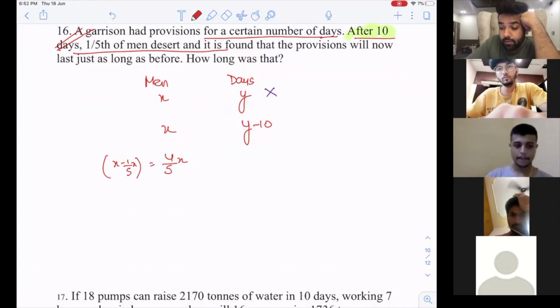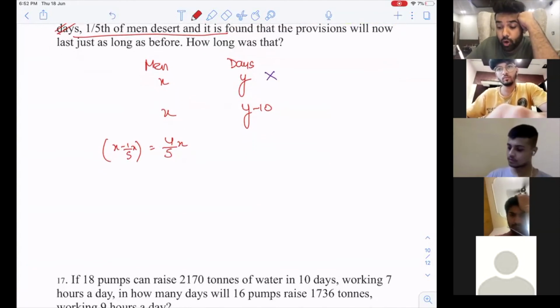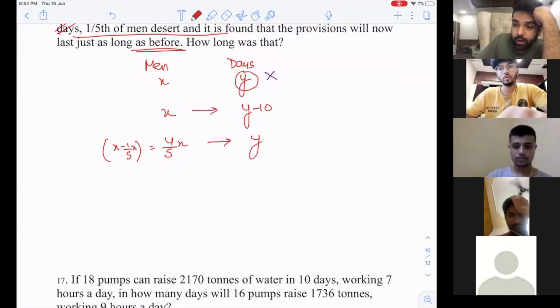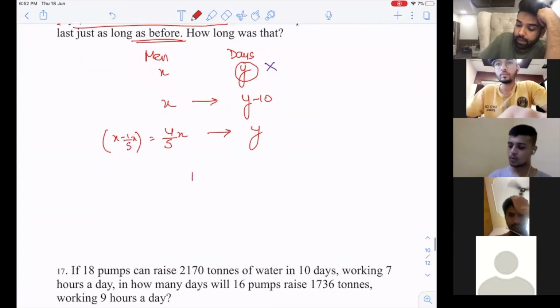It is now found that the provision will now last just as long as before. Earlier, for how many days was the food? Y days. Now also it's lasting Y days. Yes or no? So men into days is equal to men into days.